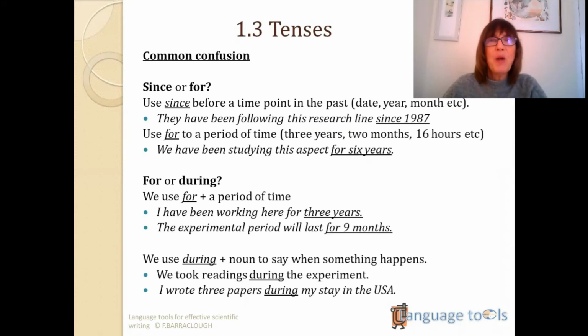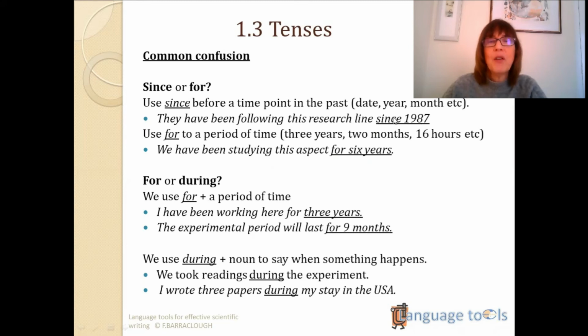And just to hone in a little bit and look at some points that we have found are often confused, the difference between since and for. If you remember, we use since before a time point in the past. So for example, before a date, a year, or a month. "They have been following this research line since 1987."